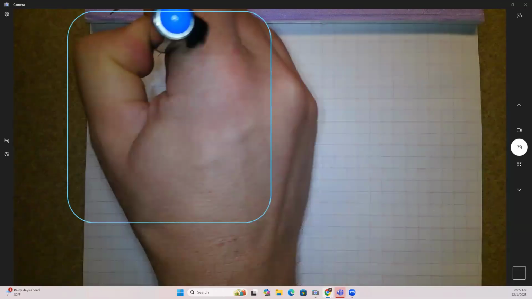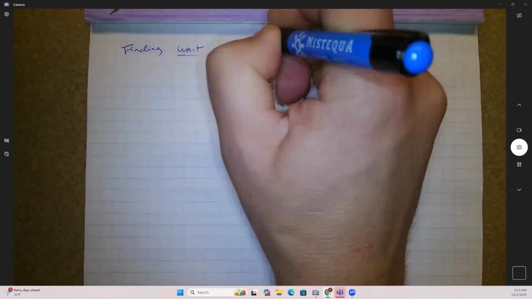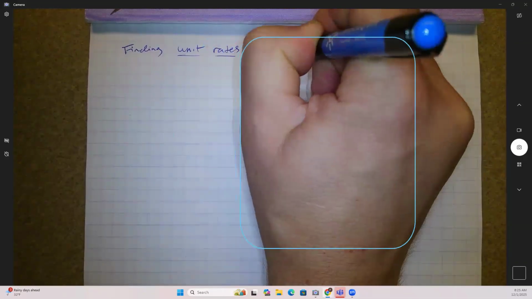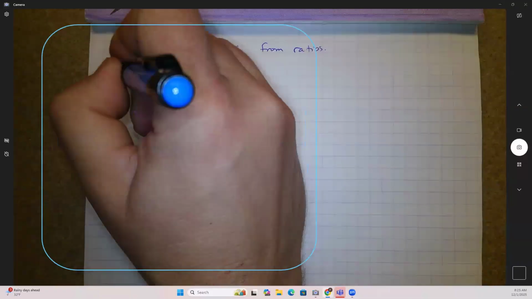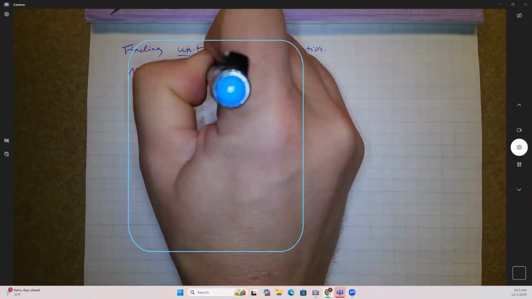All right. The next idea from this section is finding unit rates from ratios. One unit rate that we work with a lot is speed, miles per hour.